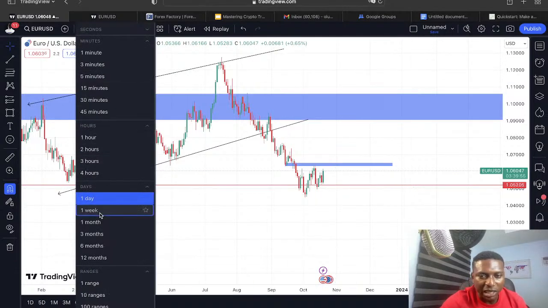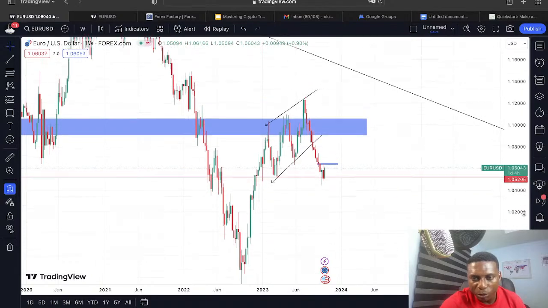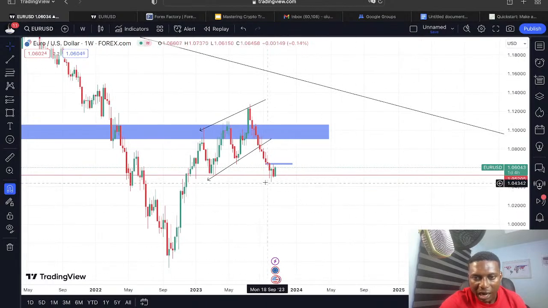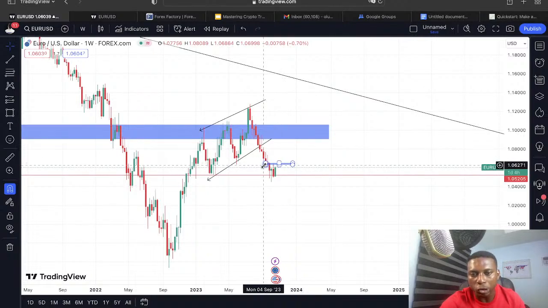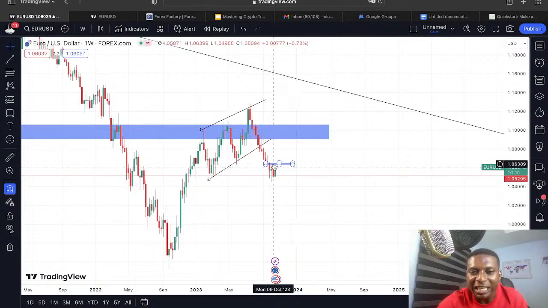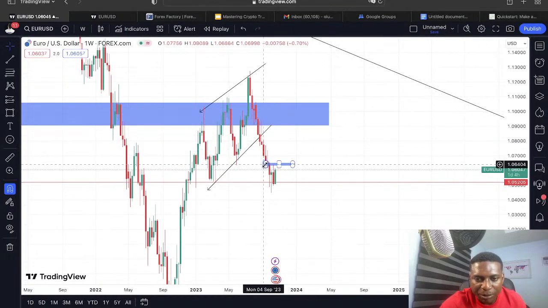because if you look at it in the weekly time frame, okay, in the weekly time frame, last week was bearish, then this week might also end up being bearish because the chart is showing that there is a lot of sell pressure at this price level. Okay, there is a lot of sell pressure at this price level.